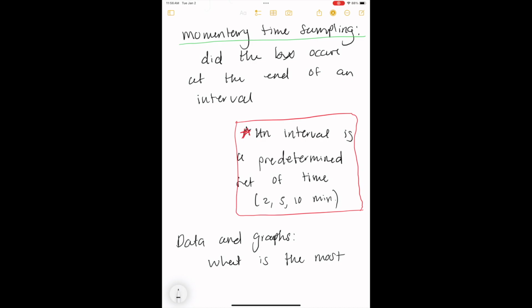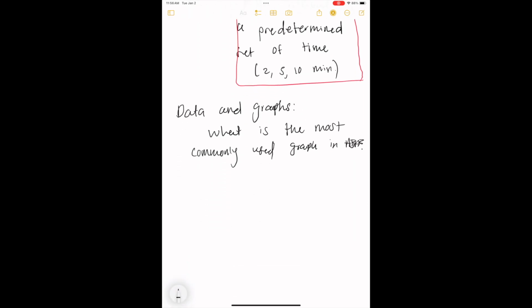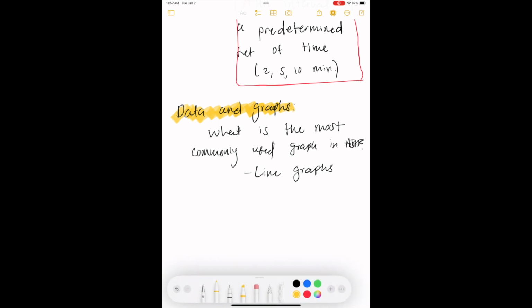This is probably what they're going to ask you. And of course you're going to say line graphs. So data and graphs, we will highlight it here in yellow. What is the most commonly used graph in ABA? You would just say line graphs.